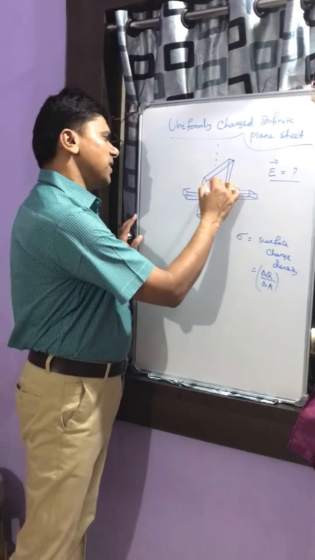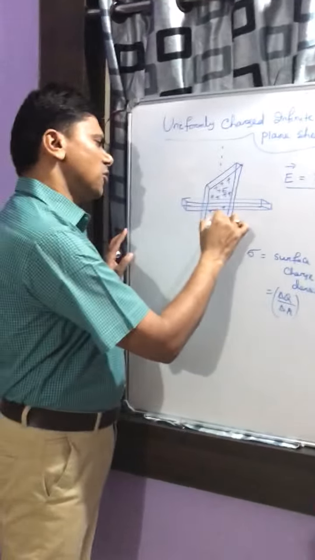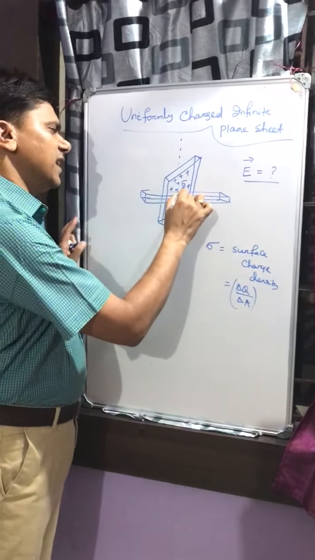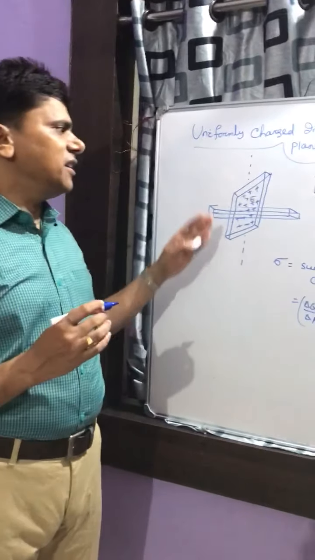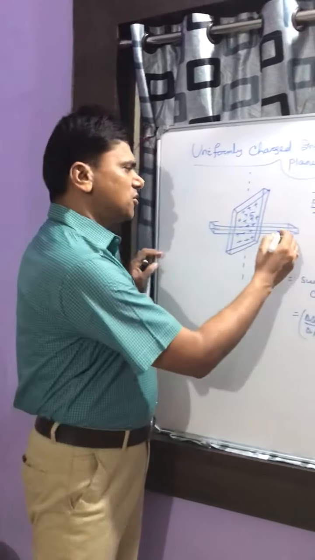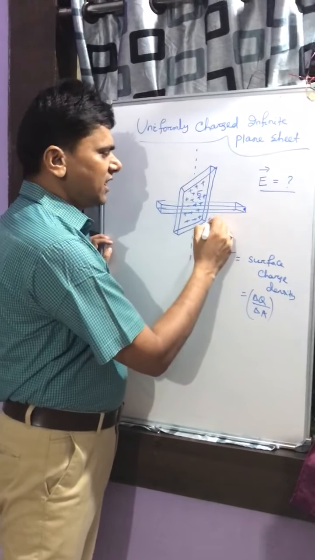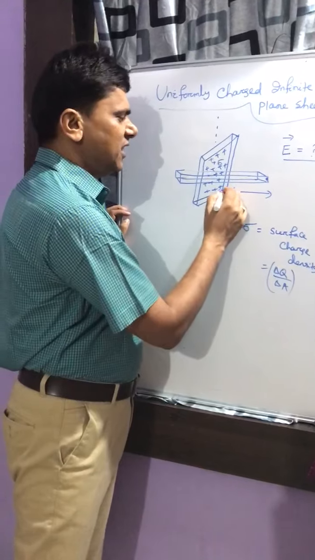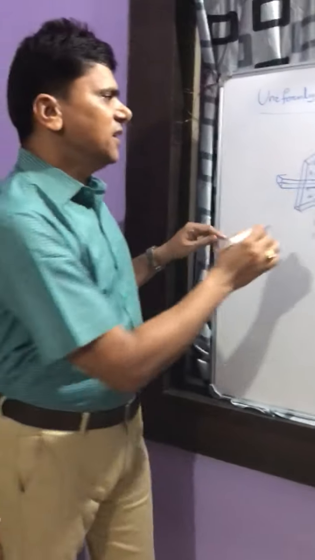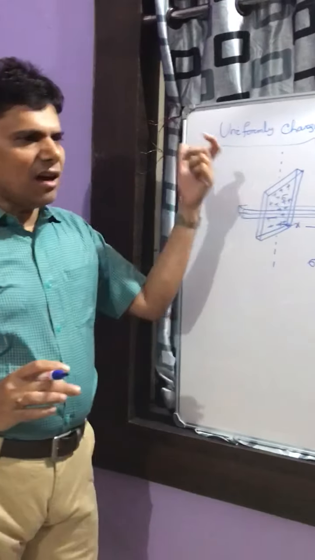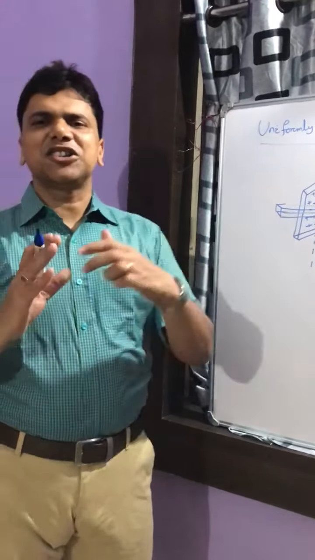Think of a region where the charges are distributed throughout the surface. We have taken this surface charge distribution, and using that we are supposed to find the electric field here. This is the point which is at a distance of x, let us say, from the midpoint of this charge distribution. Now to apply Gauss law, we have to imagine a Gaussian surface.